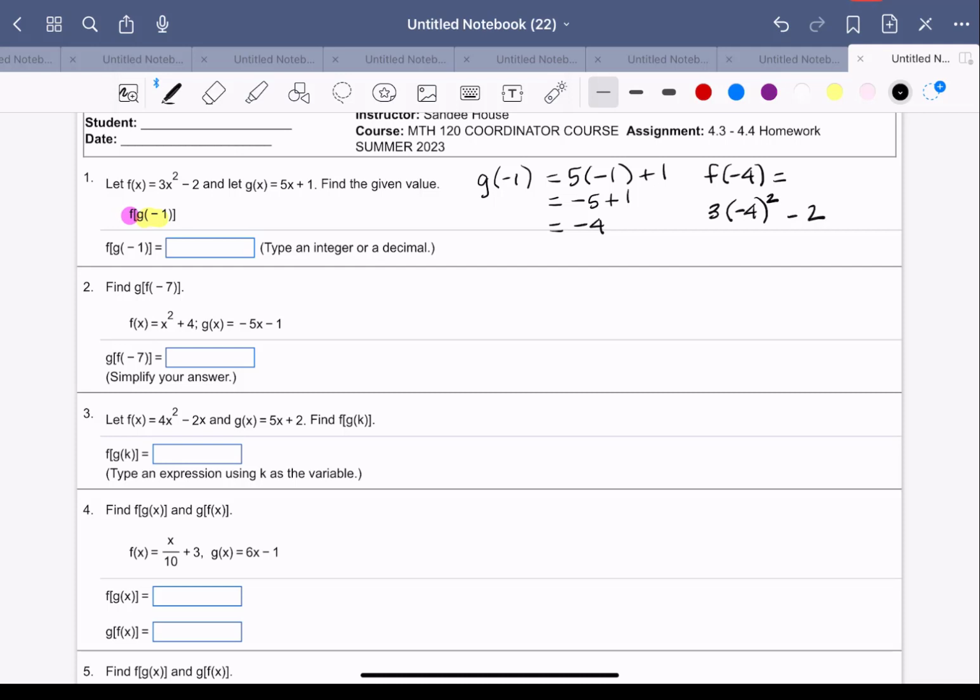And always, always, always put parentheses around a negative value when you're inputting it into a function. That'll remind us that it needs to be a positive 16. So 3 times 16 minus 2, 48 minus 2 is 46. So our answer for f of g of negative 1 is 46.